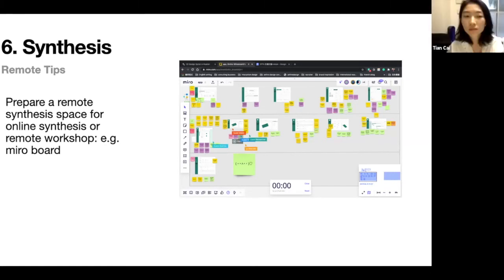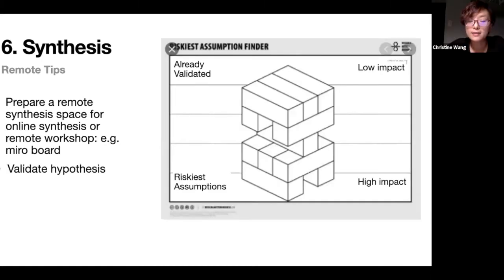However, if you are in a design sprint situation and you don't have a lot of time to do synthesis, I strongly suggest you do something like test the hypothesis like we just did. In this case, the risk-based assumption canvas is very useful.